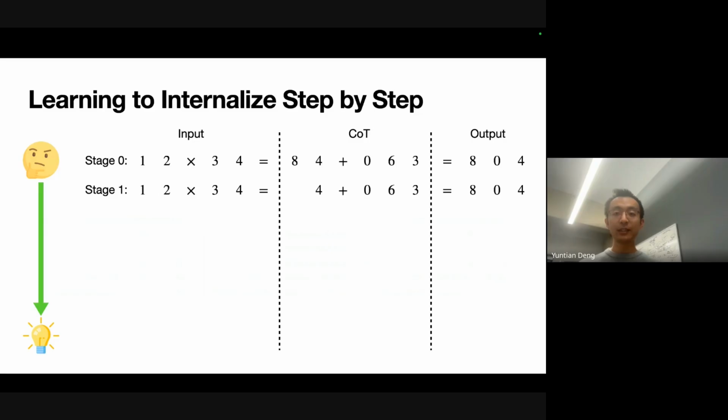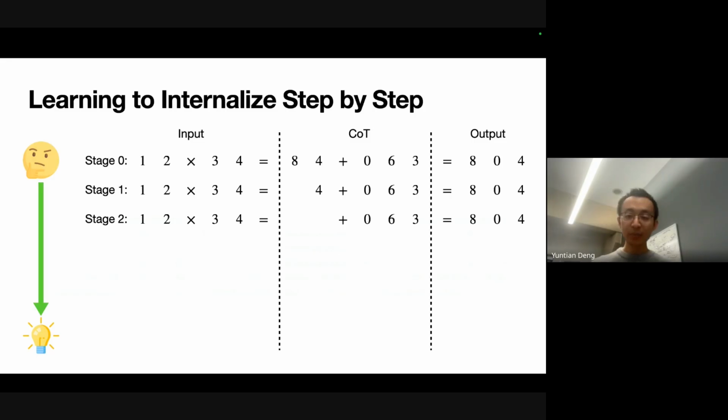And after this stage, you can probably guess that the next stage is we further remove one more chain-of-thought token, and we keep fine-tuning this model such that it can also internalize the second chain-of-thought token, in addition to the first, which is already internalized in the previous stage.